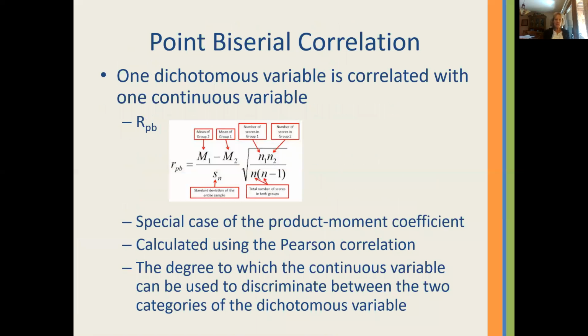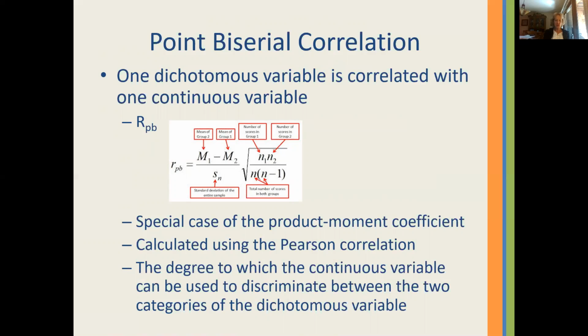Now, when you have both dichotomous variables and continuous variables, you can use the point biserial correlation. So again, it's the R with a subscript PB. And it's used when you have one dichotomous variable correlated with one continuous variable.